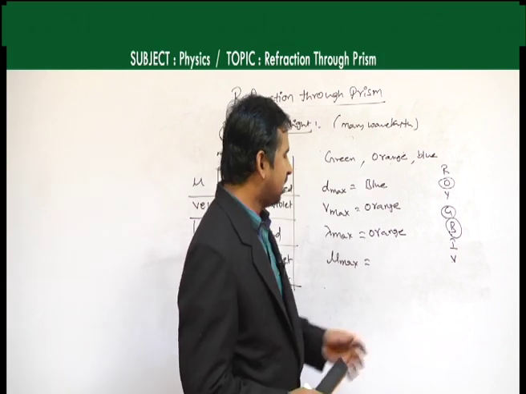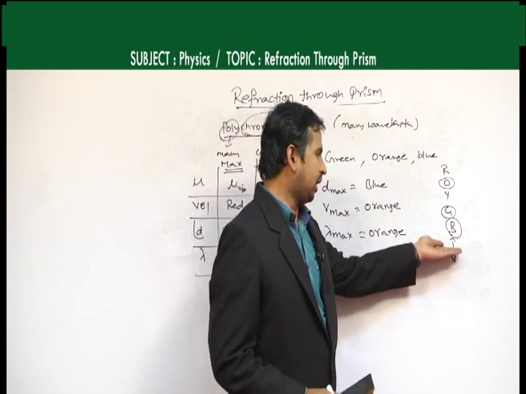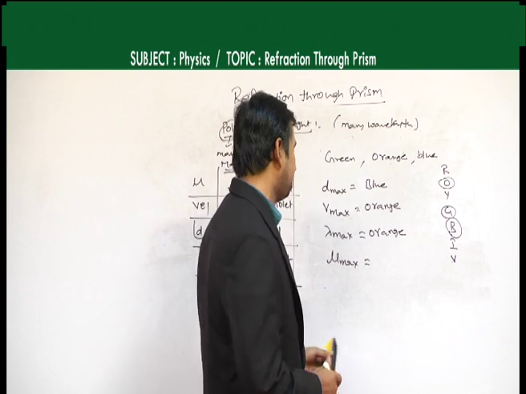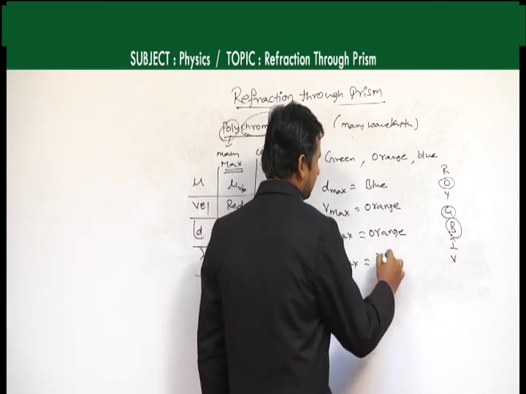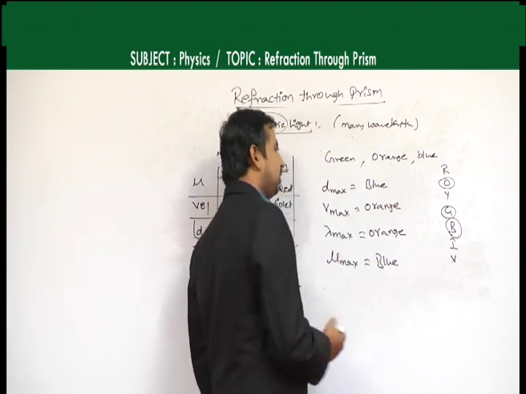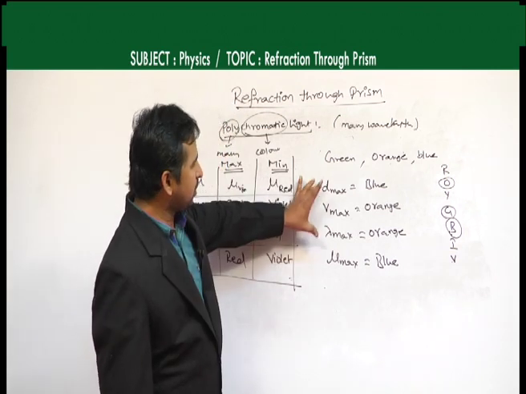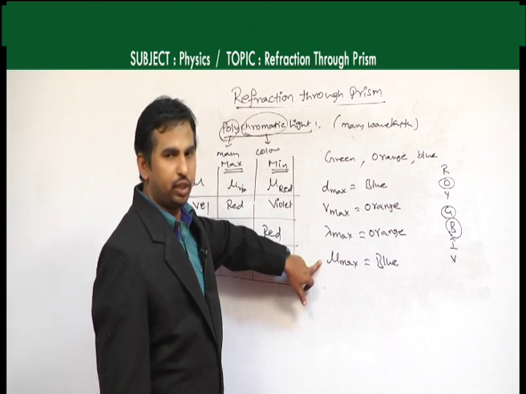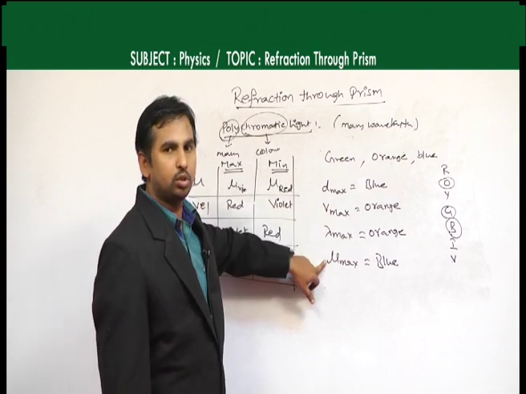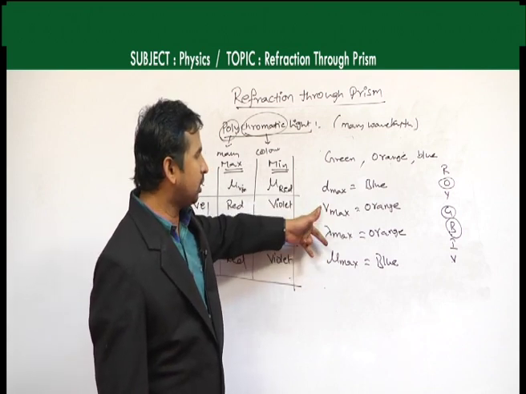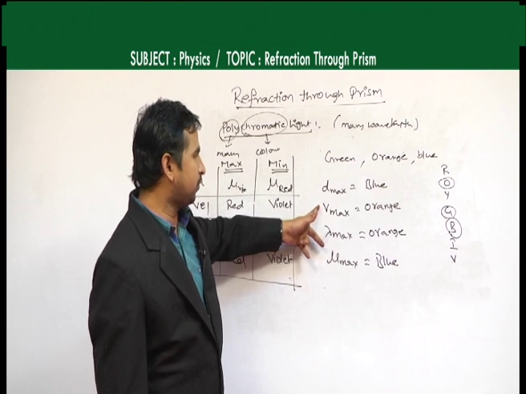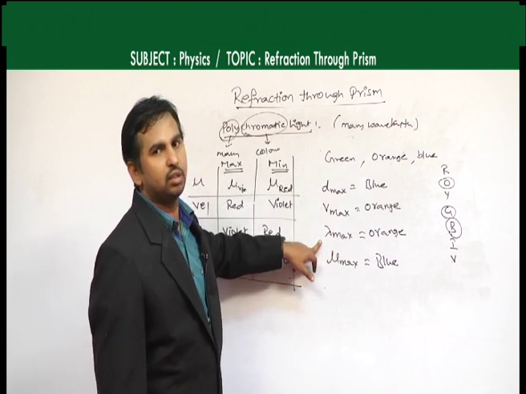But in this case we do not have violet or indigo, we have blue. So the maximum refractive index of the given three colors is for blue, because deviation angle and refractive index are directly proportional to each other, and the velocity of light is maximum for orange, so the wavelength is also maximum for orange.